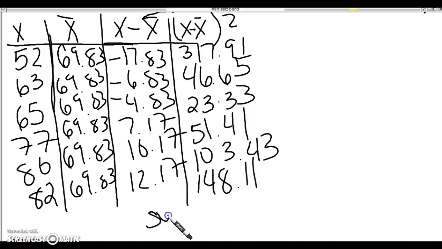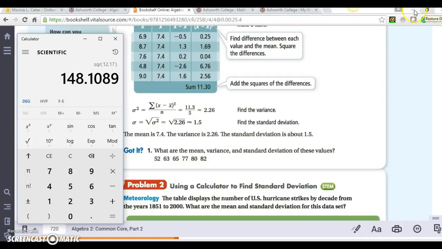And I need the sum now, so I'll add those up.